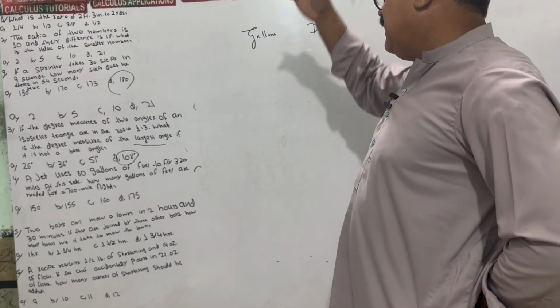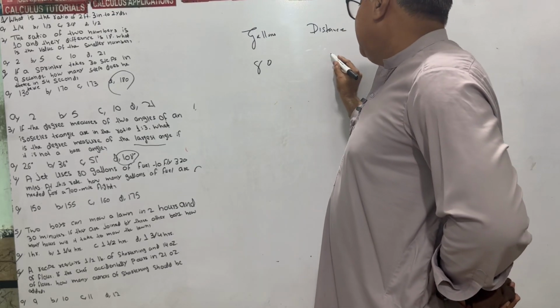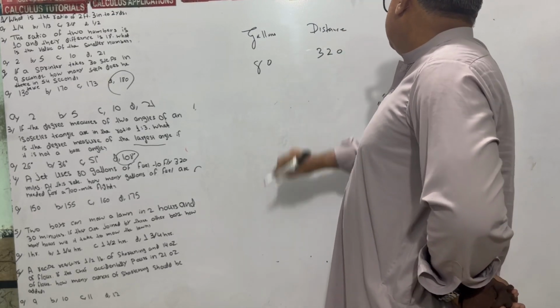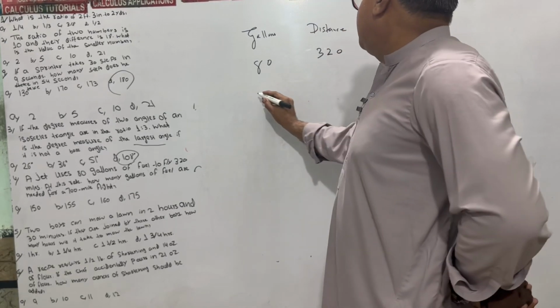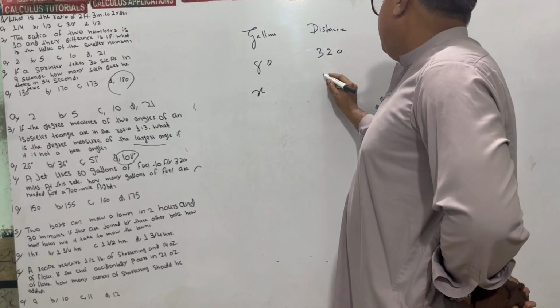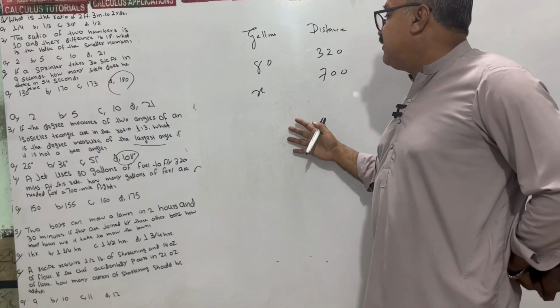For 80 gallons, the jet flies 320 miles. At this rate, what fuel is required for flying 700 miles? It's a direct ratio.